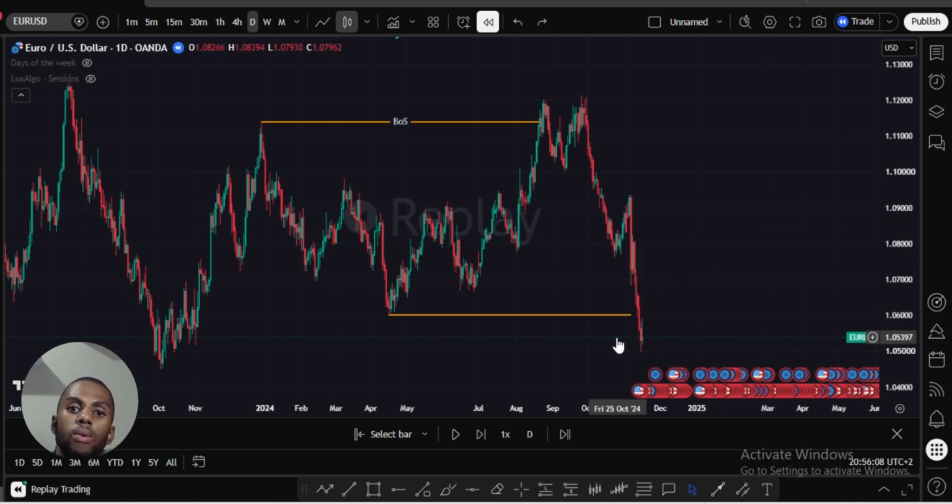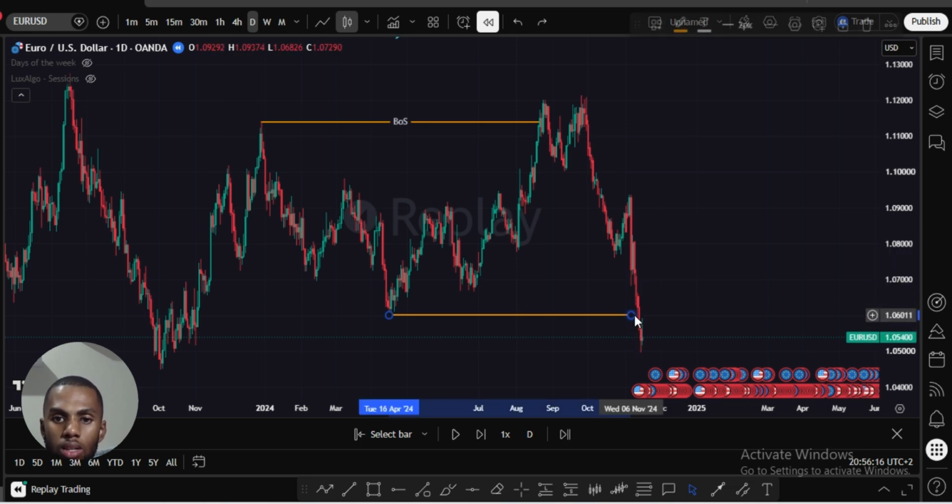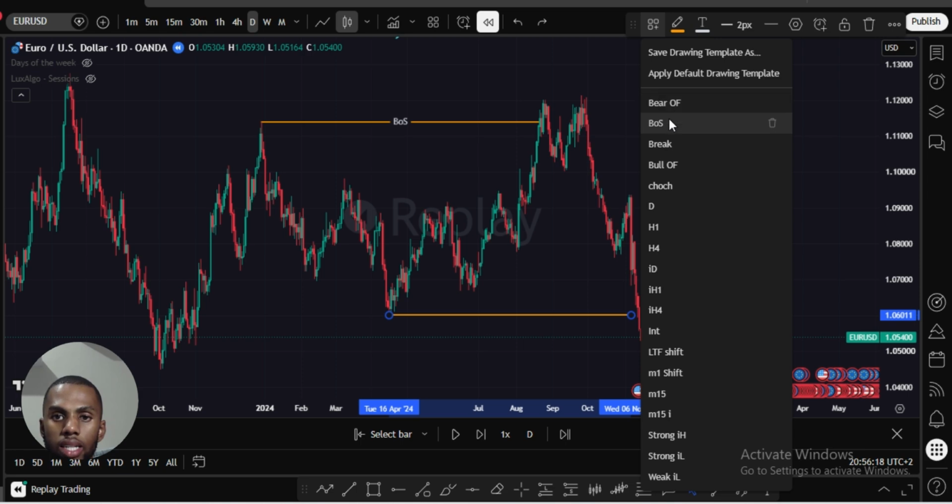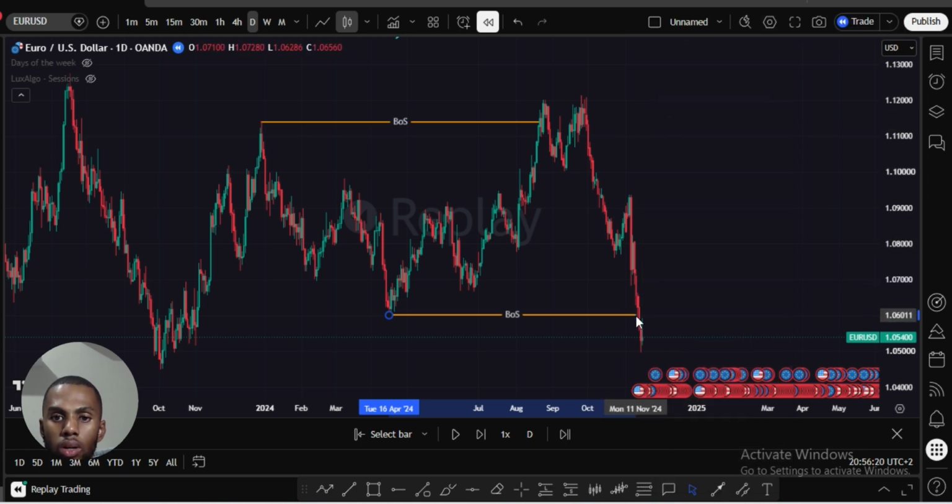There we go. The market broke this structure first and came down aggressively as an impulse. So we identify it as a BOS, break of structure. This is where the market broke and closed below this low.